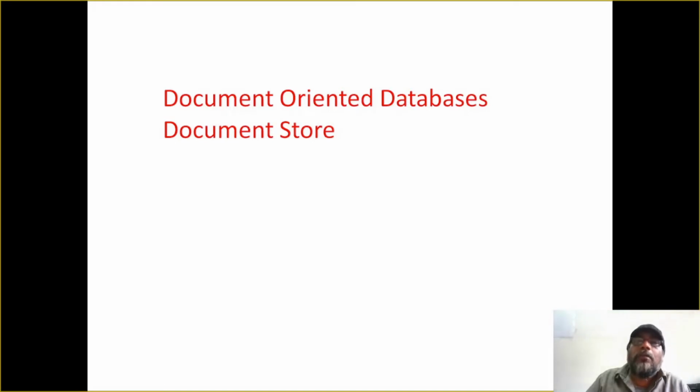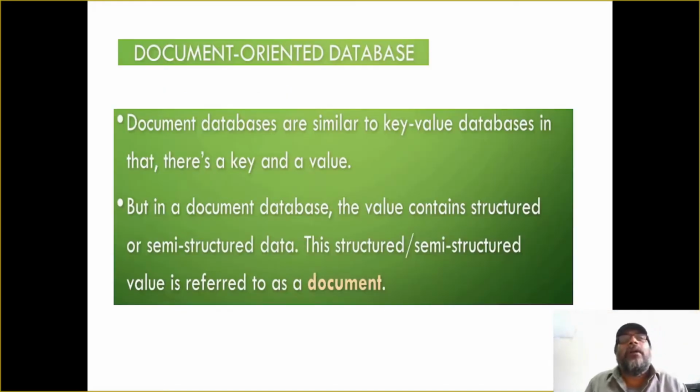So document oriented databases are similar to key value databases in that there is a key and value. In key value we have key and corresponding value. Here we have key and corresponding document, but in what way they are represented, we will see here.